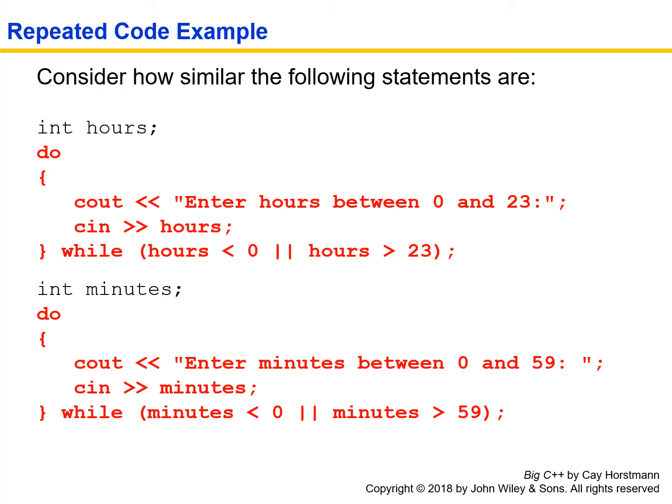You'll notice that the code written in red is very, very similar. It's not identical. We have hours versus minutes. We have 23 versus 59. But those could be passed as arguments to a function that essentially does this whole thing and returns the number that you're trying to read.